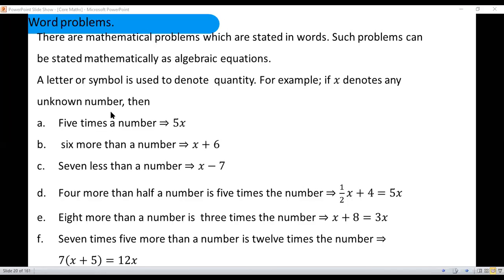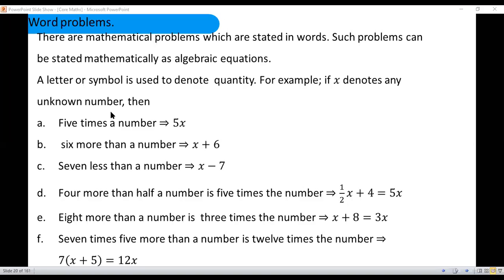For example, if x denotes any unknown number, then A, 5 times a number. So if x is the number, 5 times the number means 5 times that number. And we said that we are letting that particular number be x. So 5 times x.